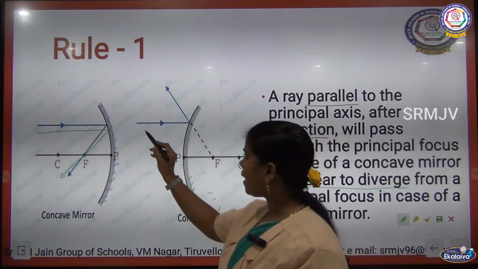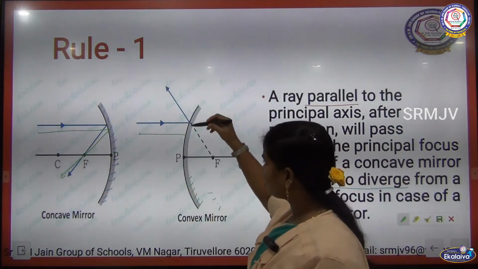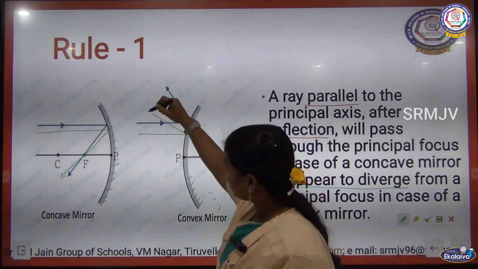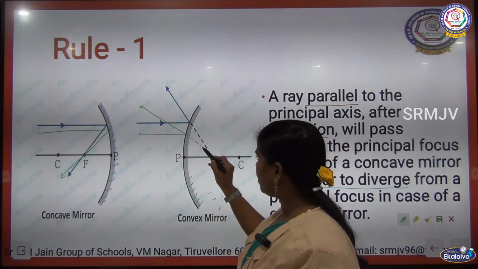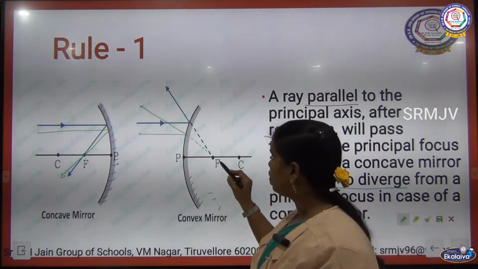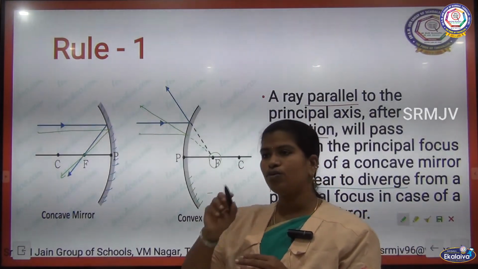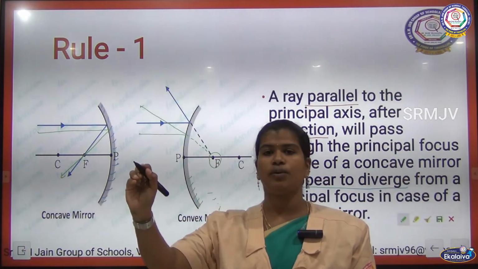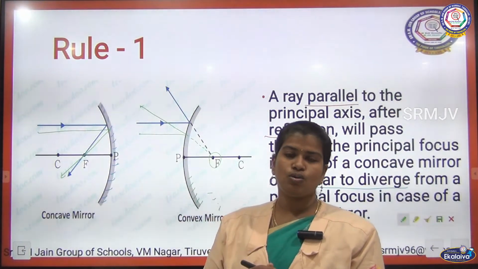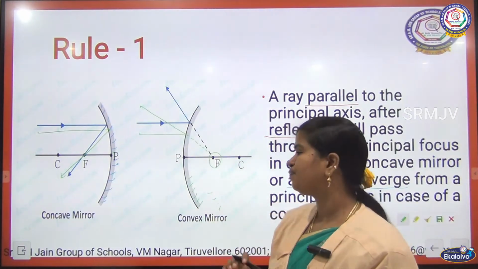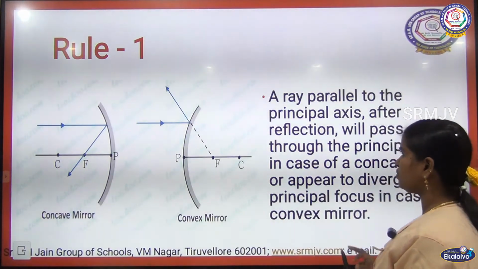So the ray parallel to the principal axis, after reflection it will get diverged, but it appear to come from a point called focus. So this is rule 1. So when you draw a line parallel to the principal axis, it obviously supposed to pass through the focus. Yes, yes. Now we'll move on to the rule 2.